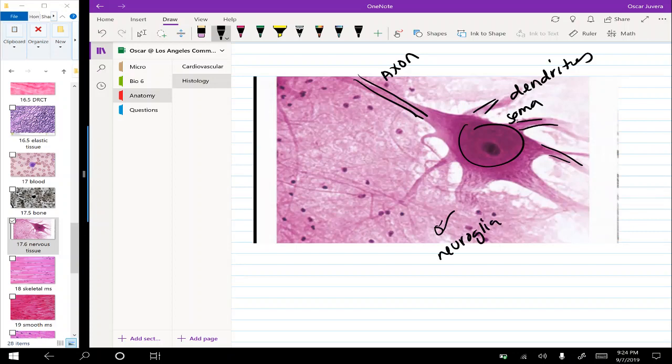I don't know how much you need to know about them in detail, but supporting cells are just neuroglia. They're actually more abundant than neurons, but they're mainly just there to support. Versus a neuron does an electrical impulse, meaning that it passes information, while the neuroglia do not.